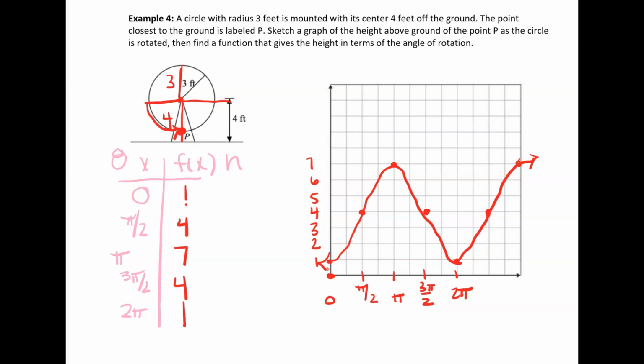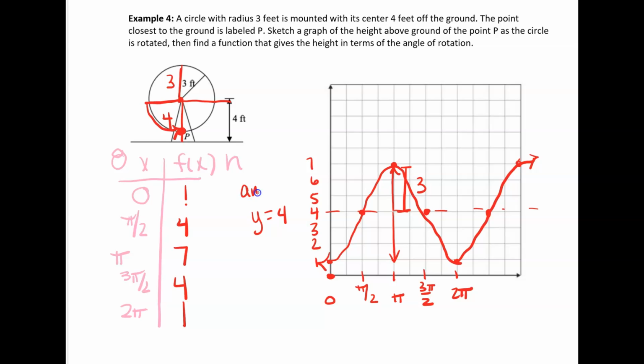So when you look at this and you say, okay, what can I determine from this? Well, first of all, we can see that here is our midline. So I have a midline at y equals 4. I can see from that midline up to the highest point or to the lowest point, it has a spacing of 3 units.